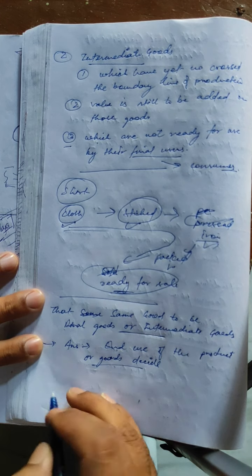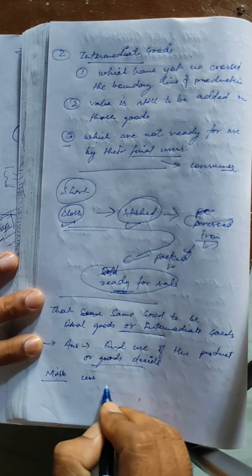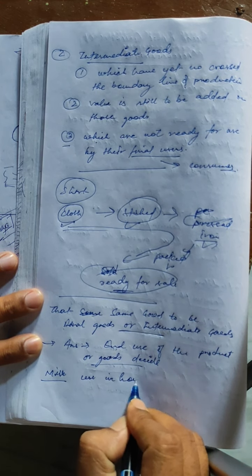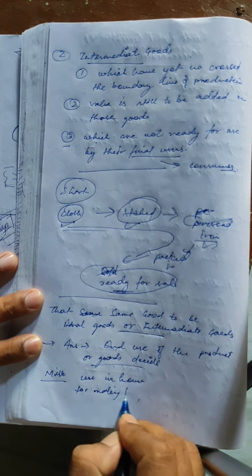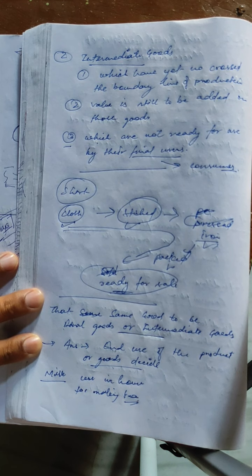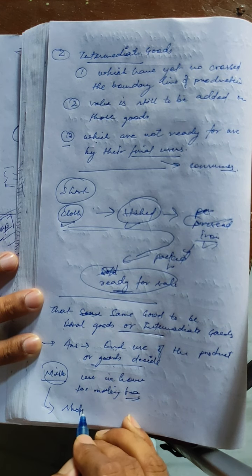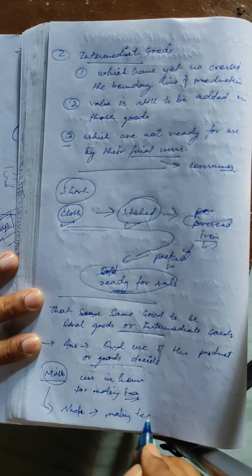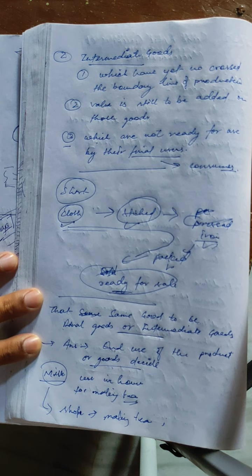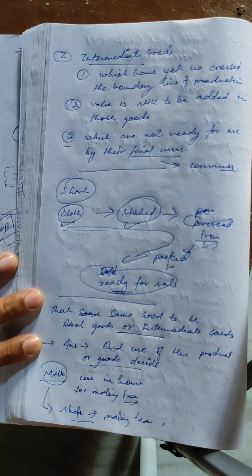Suppose, for example, I say milk used in a house for making tea, then it is a final good. But this milk used in a shop for making tea or for making cheese or for making curd, then it is an intermediate good, because the seller still needs to add some value to it.